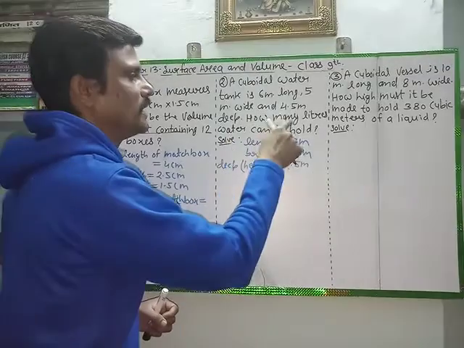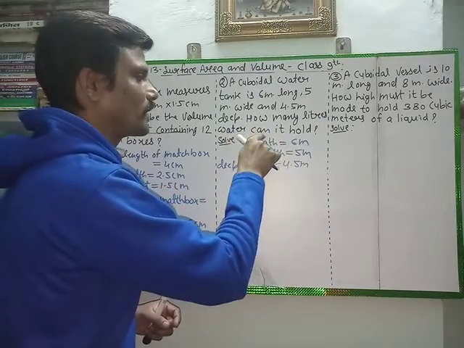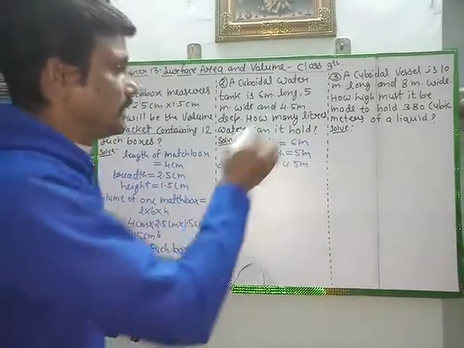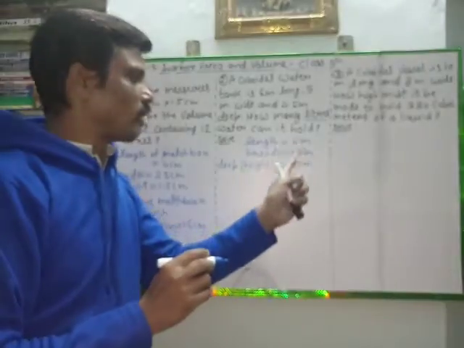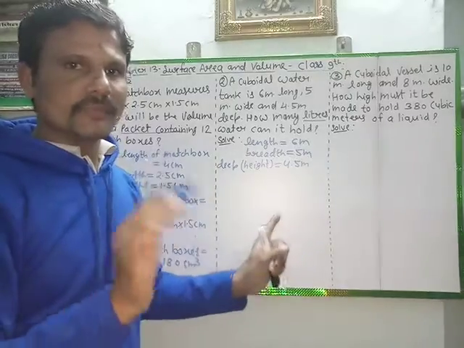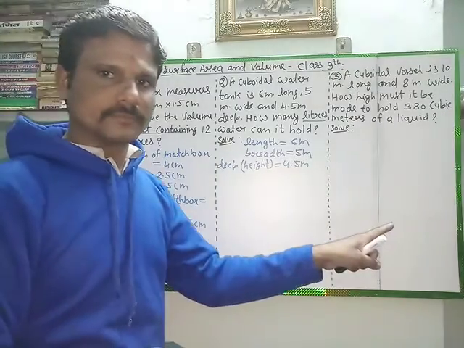Then how many liters of water can it hold? We have to calculate in liters. So first of all we will calculate the volume of this tank in meter cube, then we will convert this in liter form.